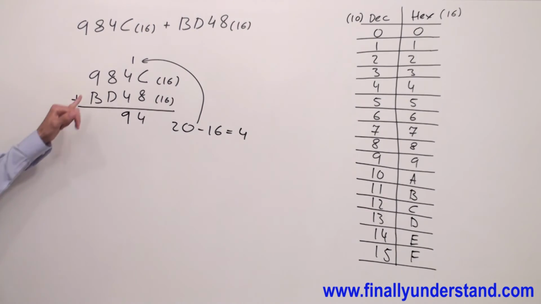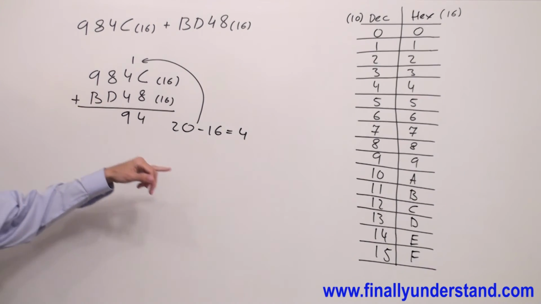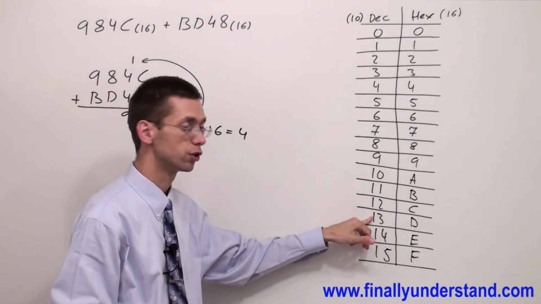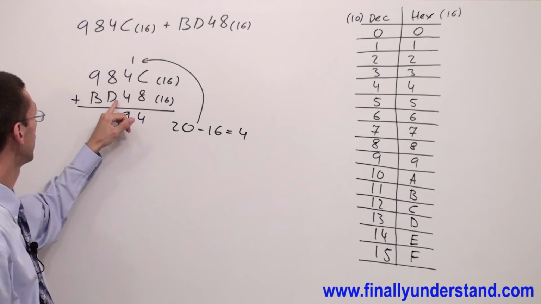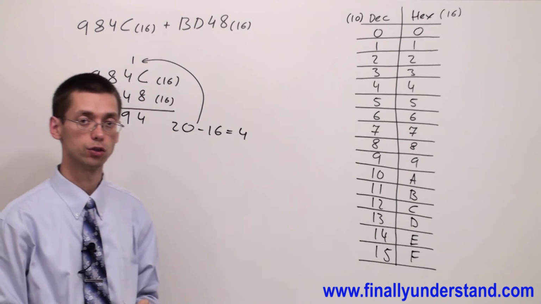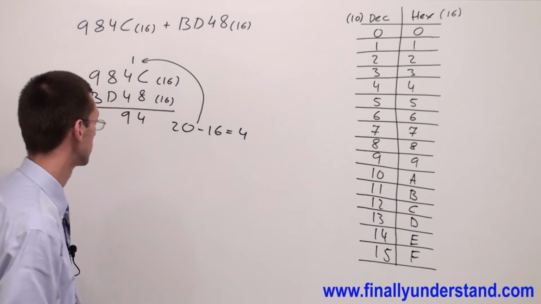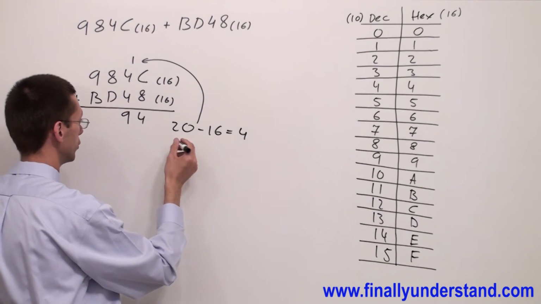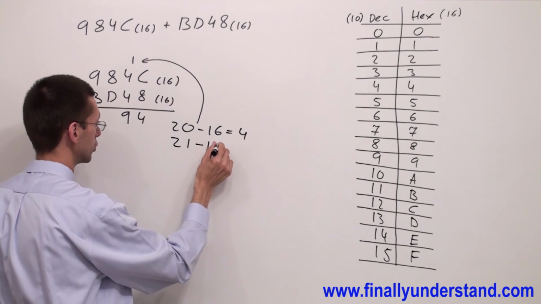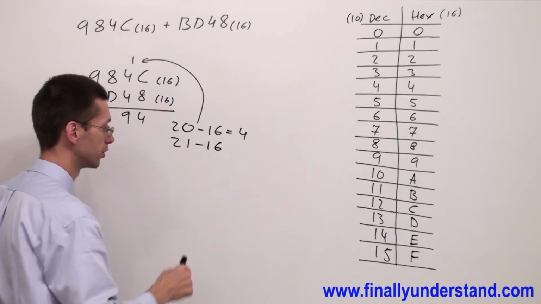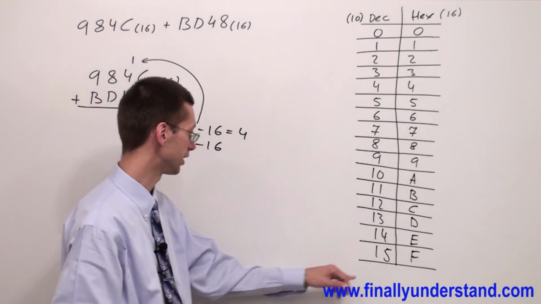Next, 8 plus D. D is 13. 13 plus 8 is equal to 21. That's why I have to perform the subtraction again. 21 minus 16, because 21 is greater than 15.